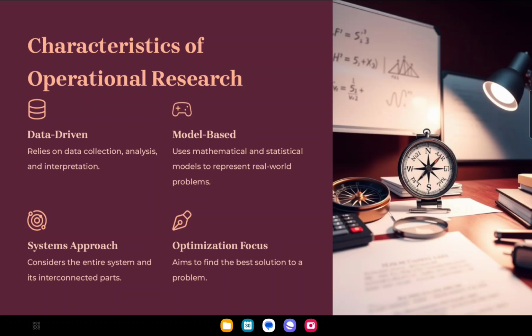This means that it considers the interconnectedness of all the parts of the system to find solutions that benefit the whole. Last but not the least, it focuses on optimization, aiming to find the best possible solution for a given problem, whether it's maximizing outputs or minimizing cost. These features make operational research a comprehensive and reliable decision making tool.